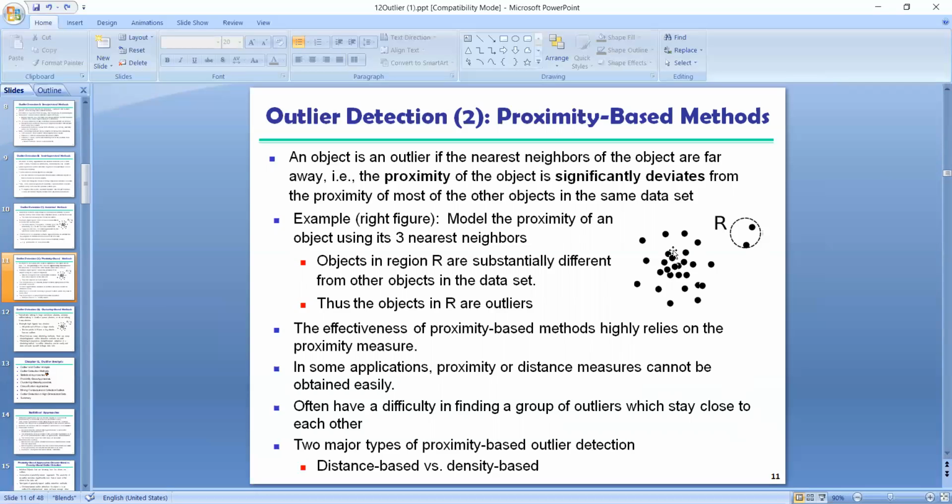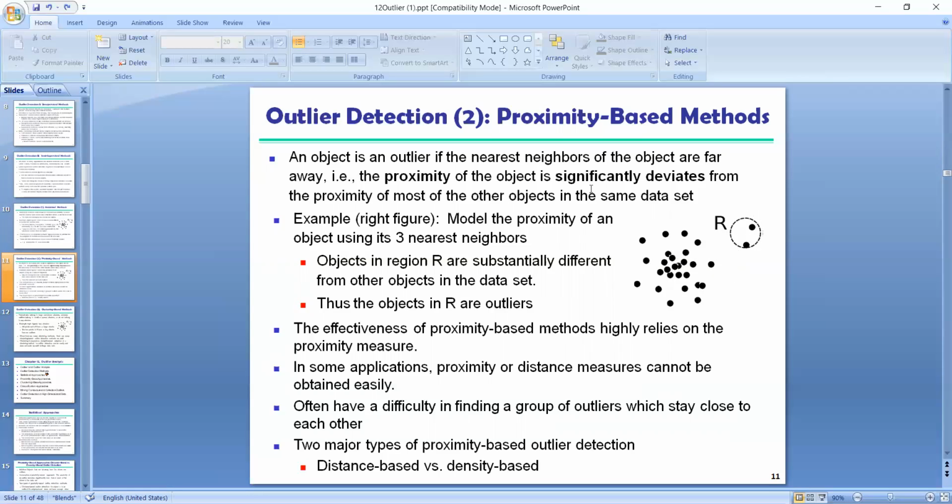So as we are seeing here, the object in region R is substantially different from all other objects in this data set, because the neighbors are far from this, it is not near. So we can call this an outlier.